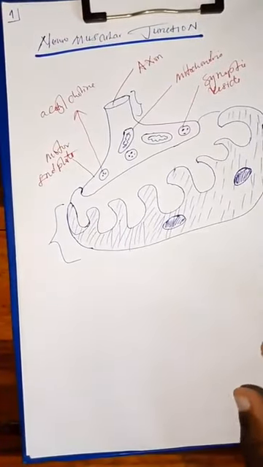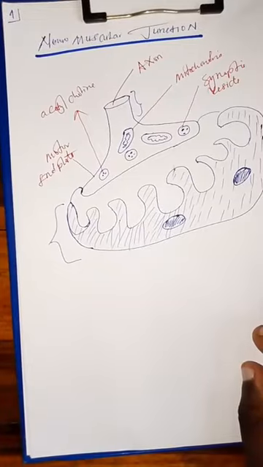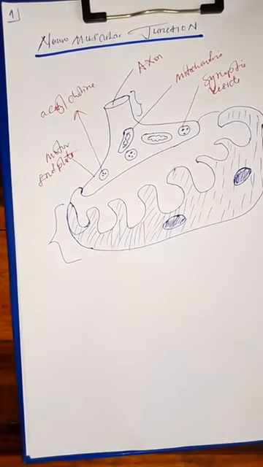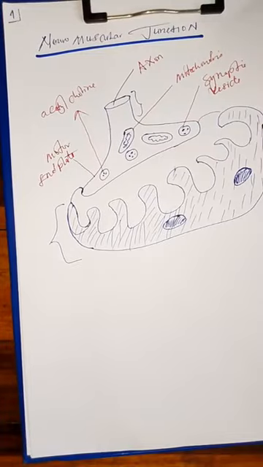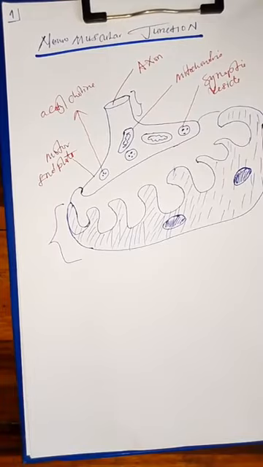I'll show you how the acetylcholine is synthesized. This acetylcholine is basically synthesized by the mitochondria present at the axon terminal and stored in the vesicles. Since we know the mitochondria is involved in the Krebs cycle, from there it will mix with choline.